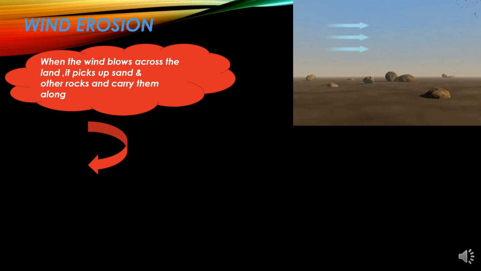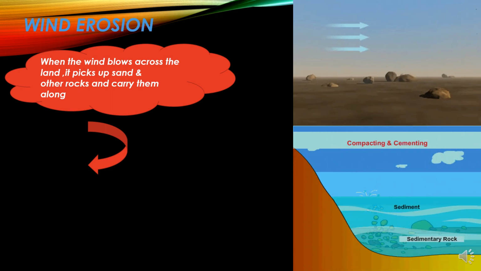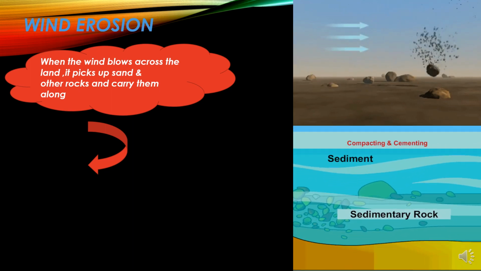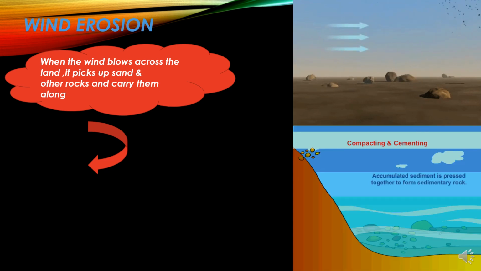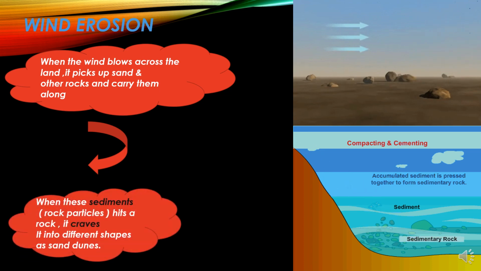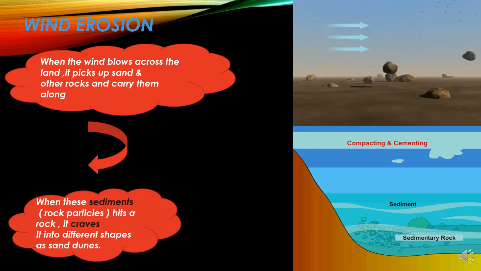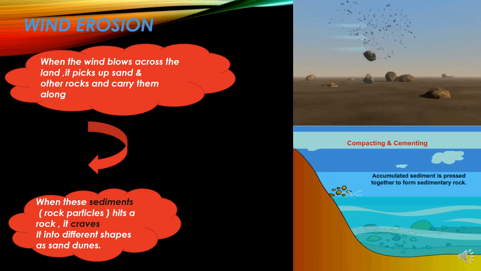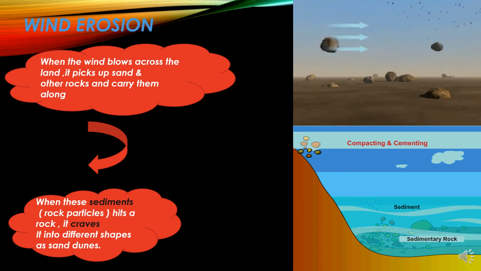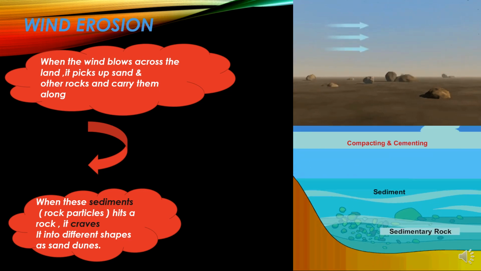It breaks them down into smaller and smaller sediments, and then the wind carries the sediments to other places in a process known as erosion. Super, excellent, grade 4. Erosion, moving of sediments. We said in concept 4.1 that moving sediments to another place is called erosion. Super, grade 4. And then erosion may sometimes lead to the formation of different shapes of landscapes such as sand dunes.